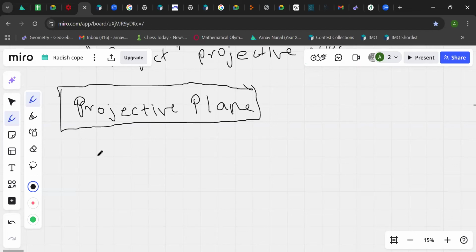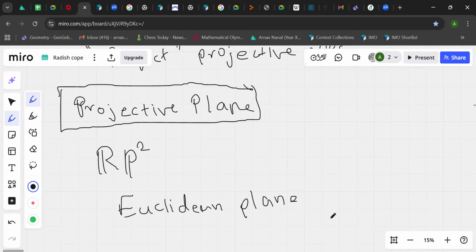So we will now work in something called RP square. The Euclidean plane that we usually work in is basically an embodiment of R square. You can set up a coordinate system and the Euclidean space is just R square.